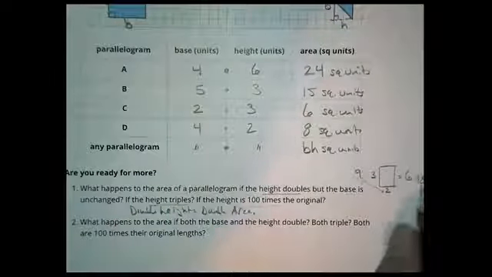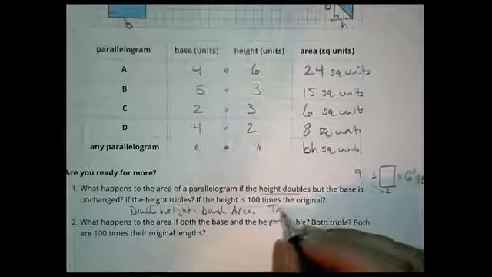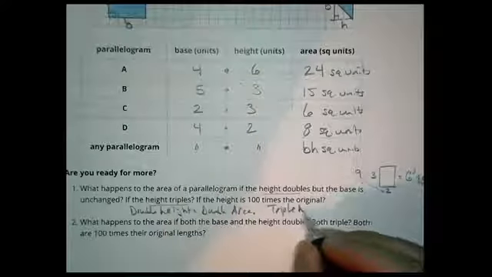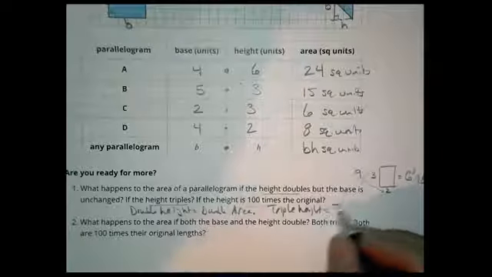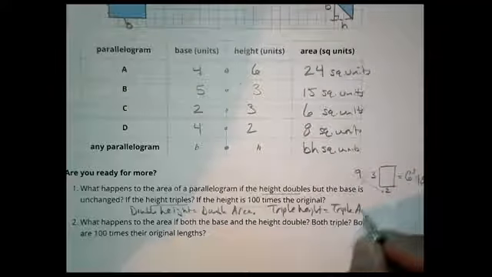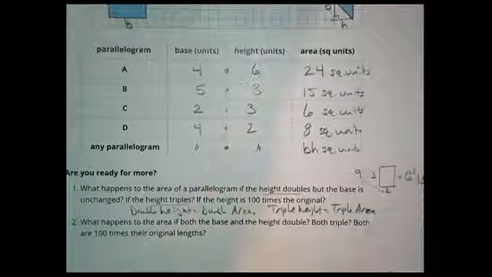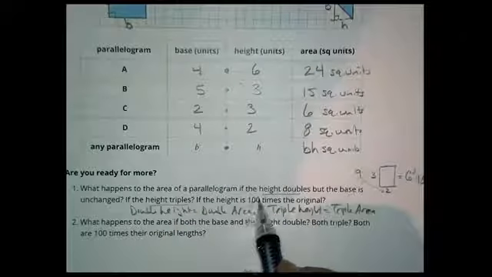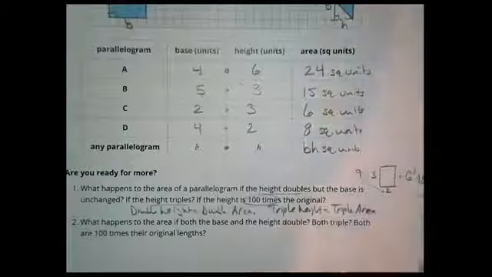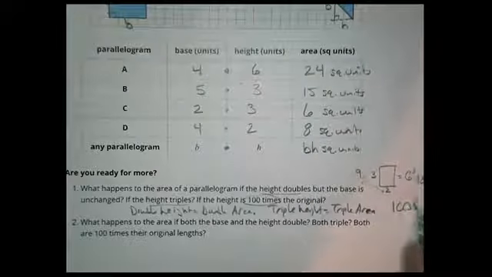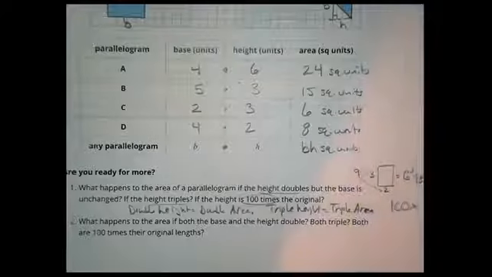So what happens to the area? Well, it's also times 3. So if you triple the height, then you triple the area. Okay? And so on and so forth. If the height is 100 times, then what are we going to find out? The area will also be 100 times larger.